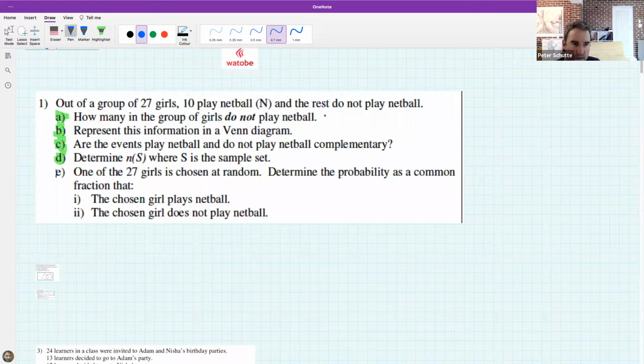Okay, yes. How many in the group of girls do not play? Well, 10 play and 27 is the total. So that must be 17.